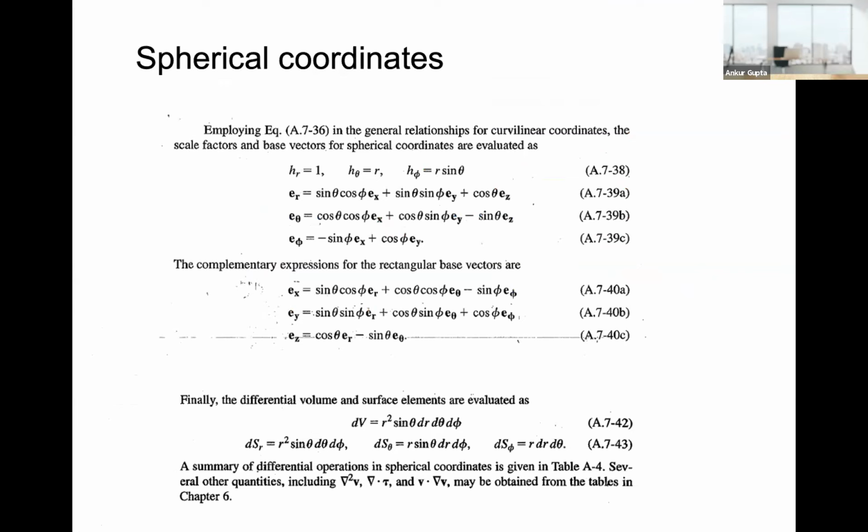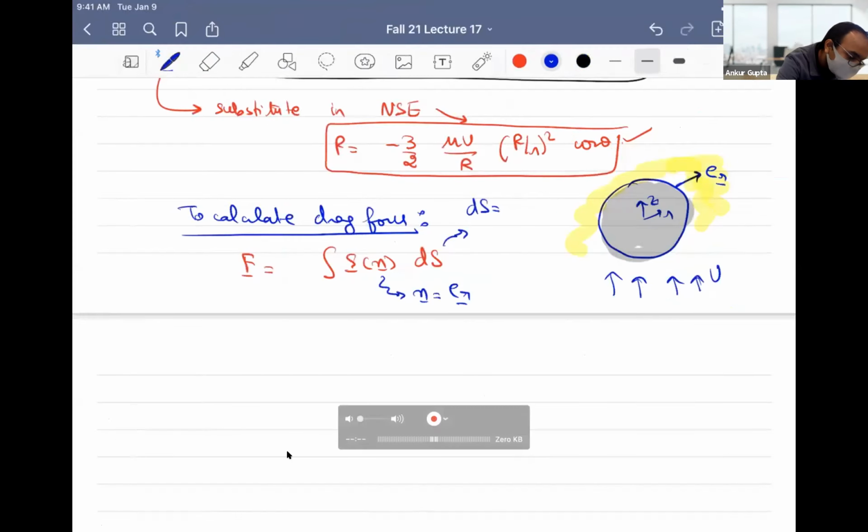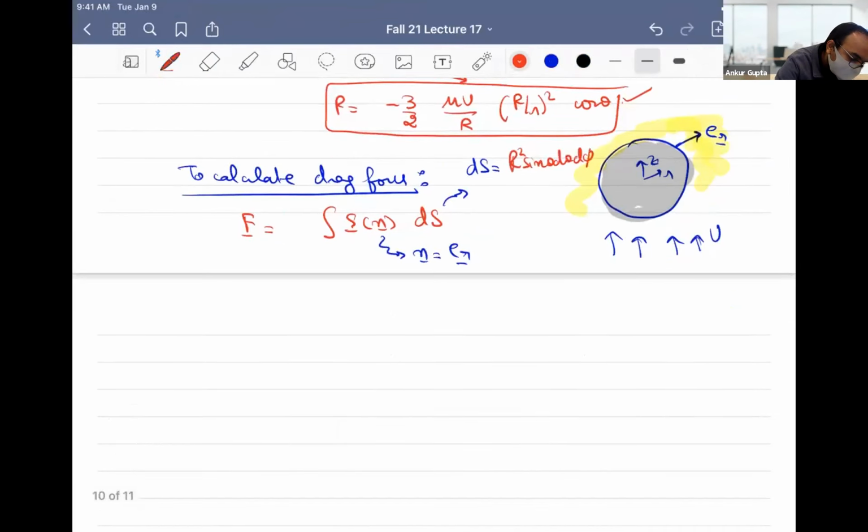It's r squared sine theta d theta d phi, where small r is capital R because it is constant. So dS is R squared sine theta d theta d phi, where theta goes from 0 to pi and phi goes from 0 to 2 pi. Recall you did something very similar when doing the buoyancy problem in the homework, so this hopefully gives you an idea.